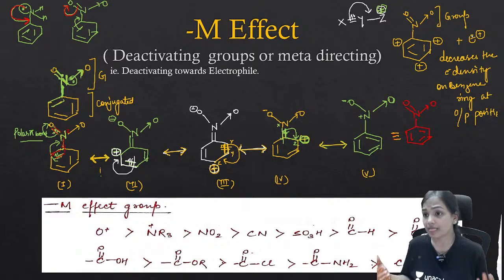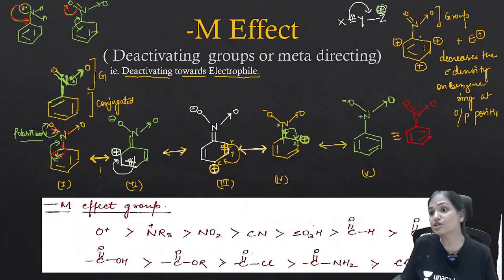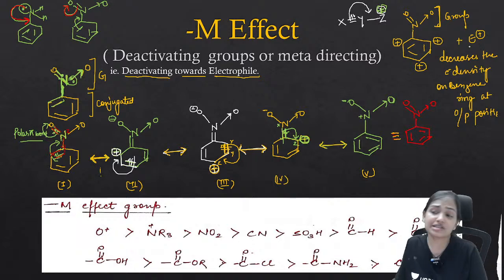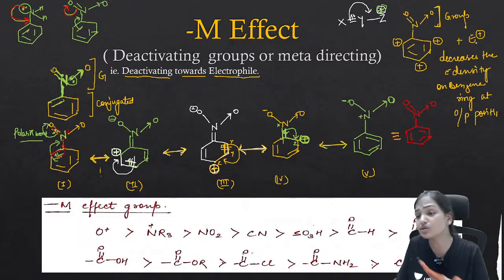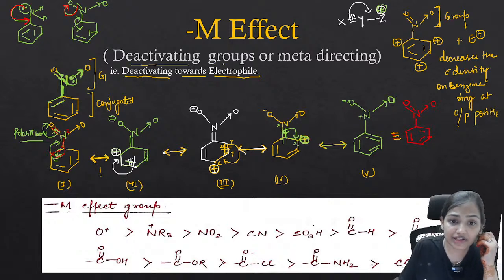So that's how we say that it is deactivating towards the electrophile. When we try to attack the electrophile over such a group, there will be a deactivation. So this particular group has deactivated the benzene ring towards the electrophilic attack, because now this group doesn't want to react with the electrophile. That's why this is known as a deactivating group.